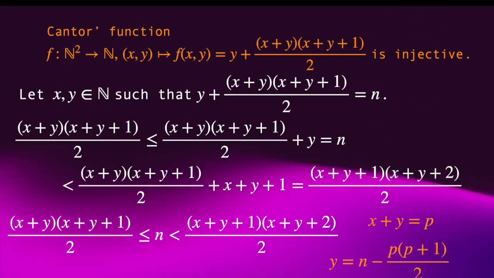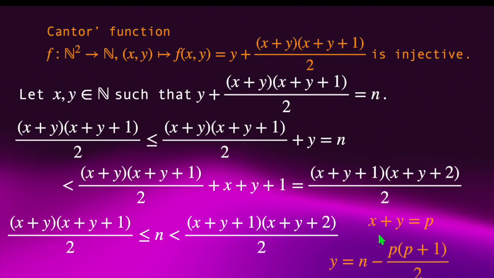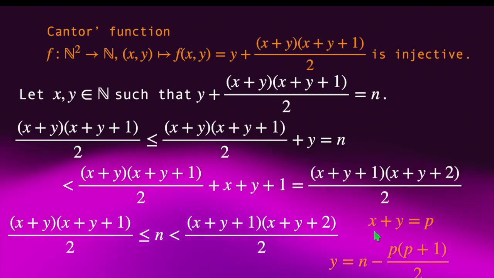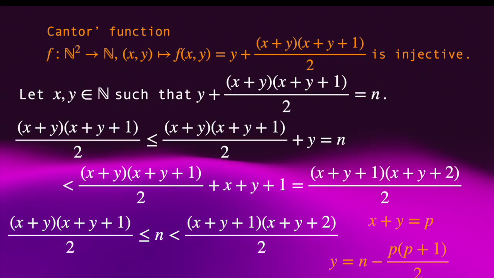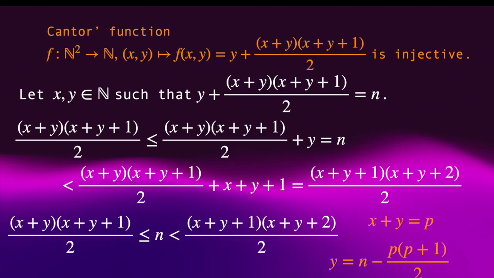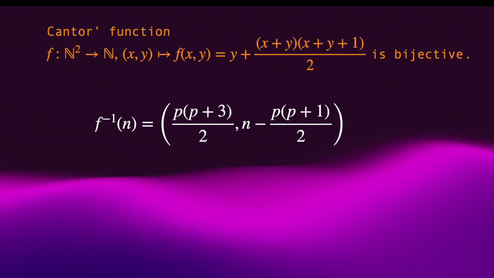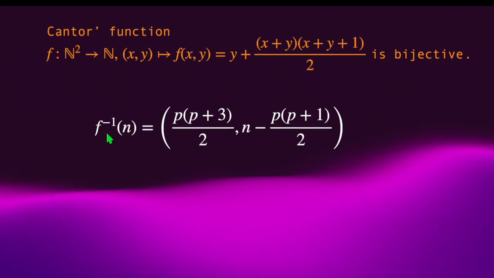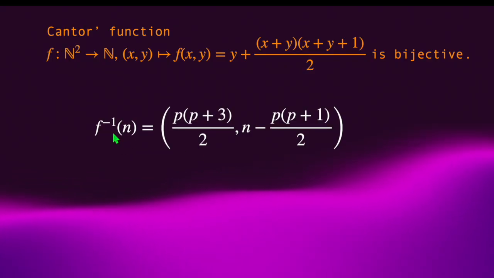And so we get that y is equal to n minus this one, and from this relation we compute x is equal to p minus y, and we have the solution. So Cantor's function is injective and indeed bijective, and we have computed its inverse.